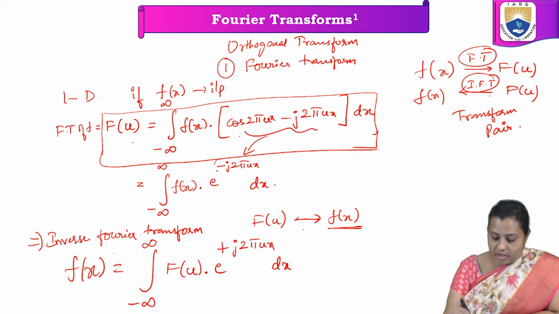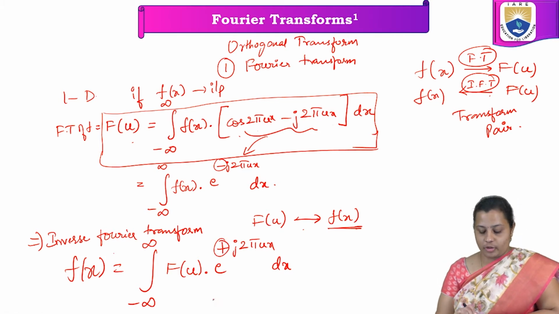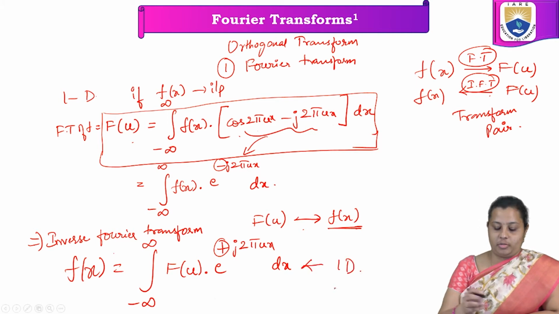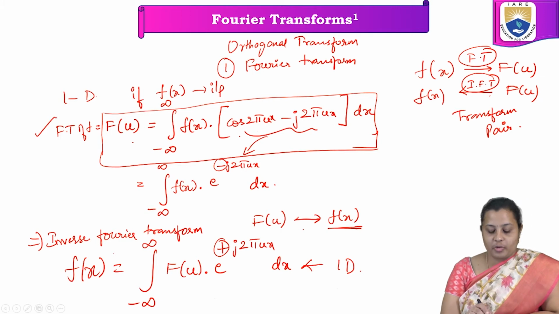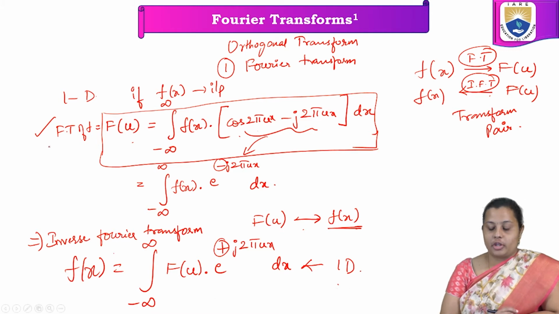So instead of minus here, I have a plus in my inverse Fourier transform, right? This is the 1D equation for the inverse Fourier transform, and this is the 1D Fourier transform.